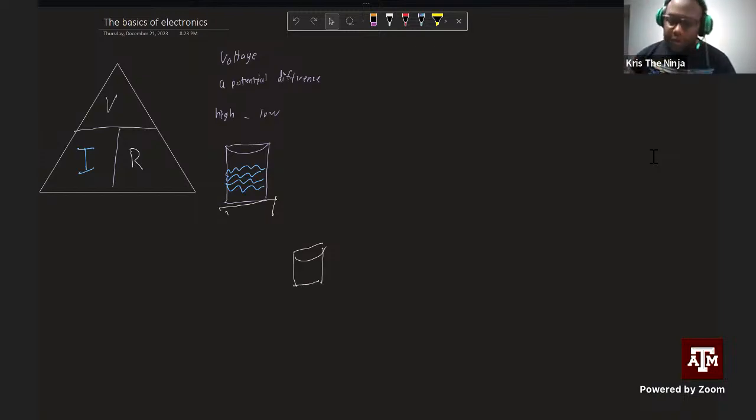So there's a potential difference of the water here. Water high, and there's no water here. So this would be water low. Water low is typically referred to as ground, and ground is where all energy ceases.